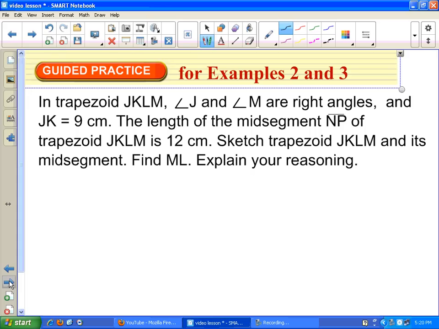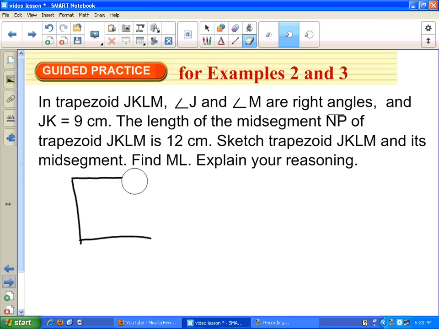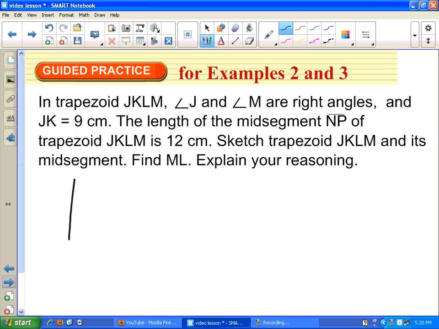So starting off right away, pretty poor. I'm going to erase that and try again. Got my trapezoid. I got J, K, L, M. And I knew that angle J and angle M are right angles.